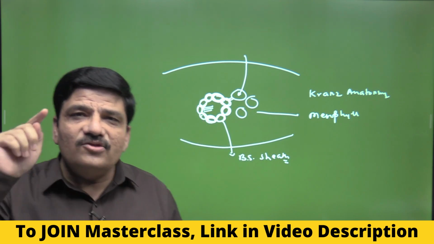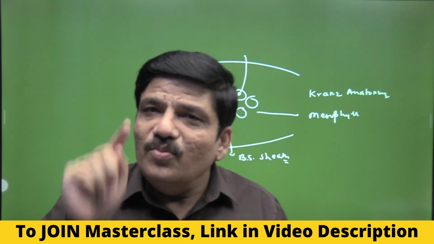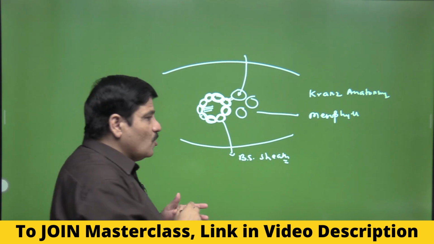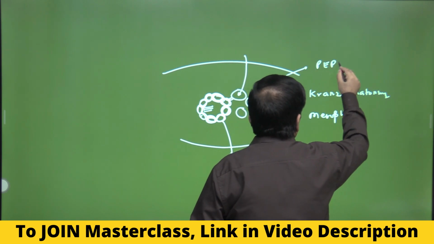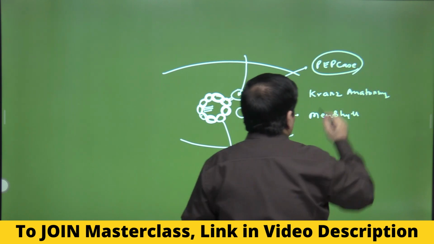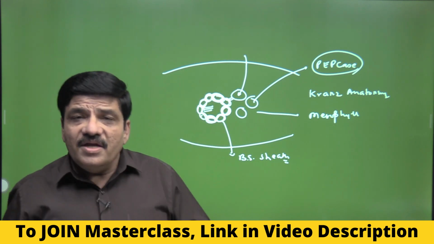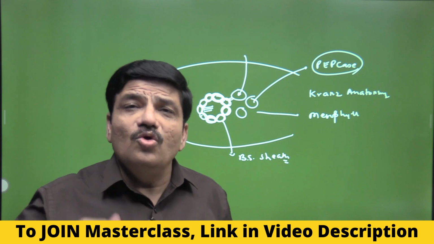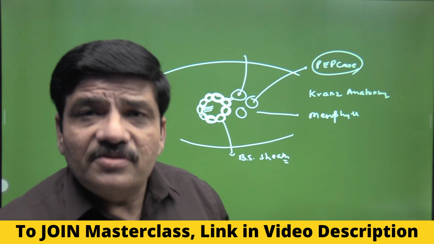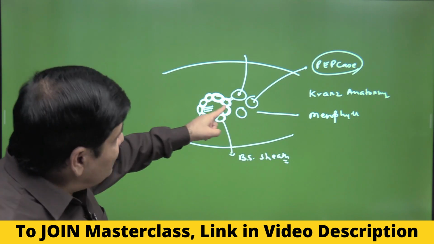Mesophyll cells do not have Rubisco. Instead, they have another very important enzyme. You must be knowing it. This is called PEP carboxylase, or PEPcase. It has a very high affinity for carbon dioxide and has no affinity for oxygen. And this is the compound.